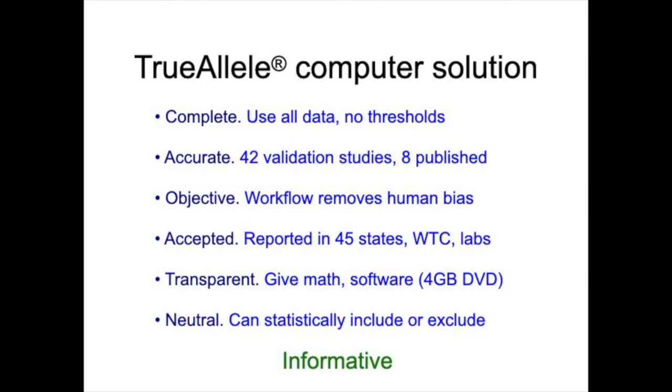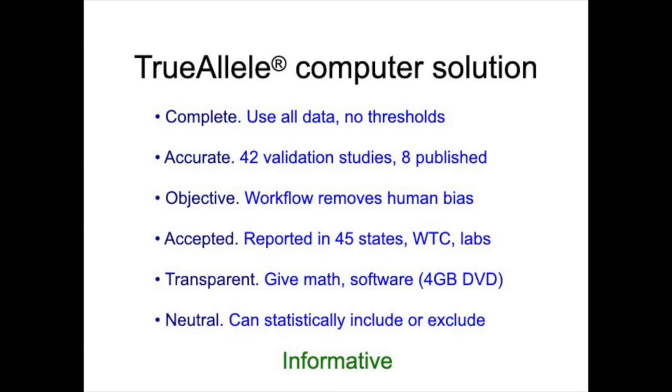It's generally accepted. We've sent out reports in 45 states. We worked on the World Trade Center. There are 10 US labs using it. It's very transparent. We provide the math, starting with publications on our patent disclosure 20 years ago. We give the software to whoever the opponent is if we're involved in a case, and we always let the other side test our software at no cost, because the only thing that matters in science is testing.